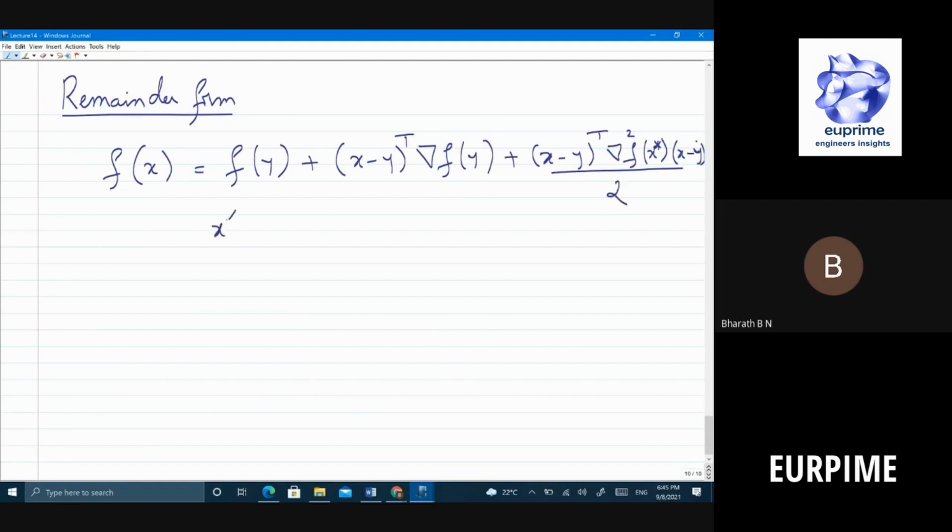Where x star is some point between x and y. I don't know what that x star is, but this is true.